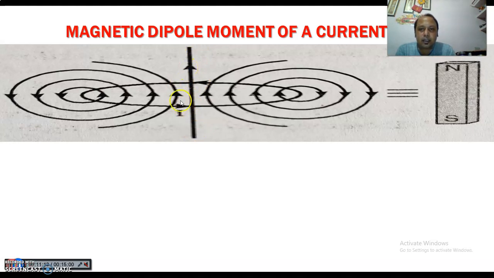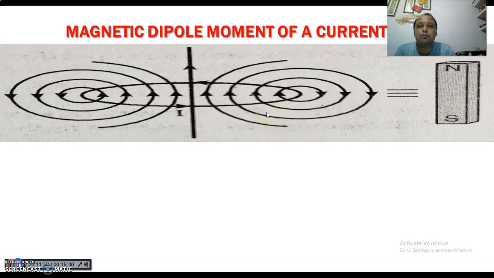The circular wire you can see here carries a current I. This circular wire behaves as a magnet, because if we see it from the top view, the direction of current is anti-clockwise, so this face will behave as the north pole, and the face below will behave as the south pole. So it can be considered as an equivalent bar magnet, having a north pole at the top and south pole at the bottom.